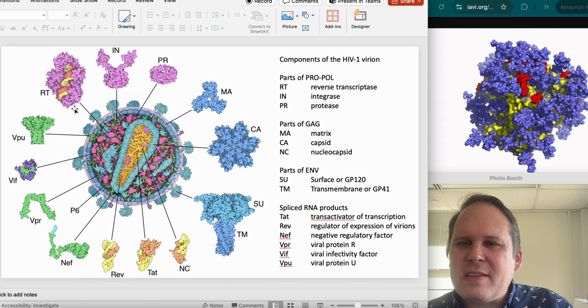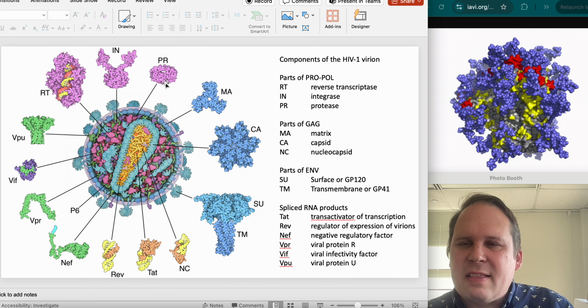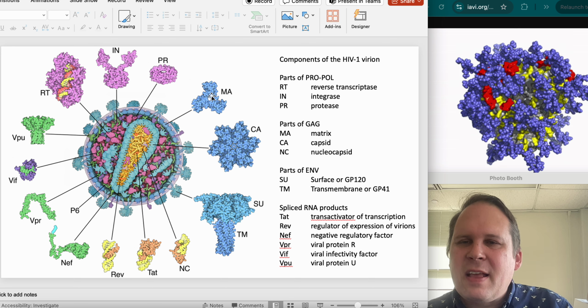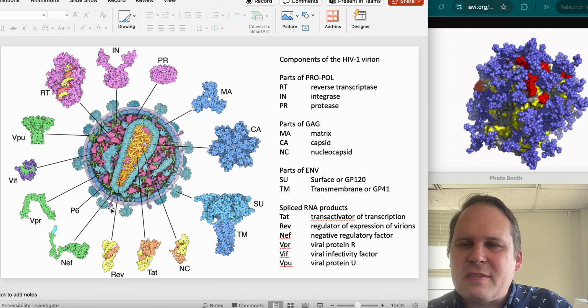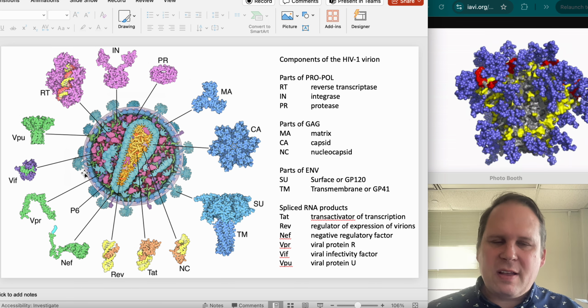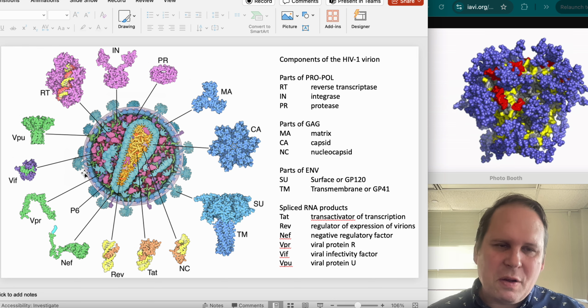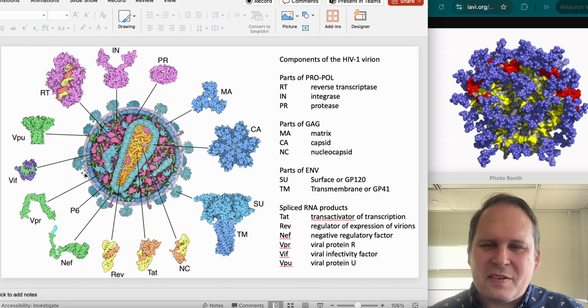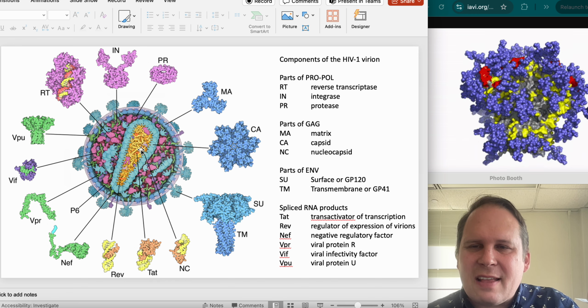You're also going to have a couple of these other proteins, the reverse transcriptase, the integrase, and the protease floating around in there. The matrix protein is going to be lining the underside of this membrane. So it joins on to the tails of the glycoproteins, the envelope proteins, as they are called. Oh, here's our nucleocapsid. There we go. And it's on the inside.